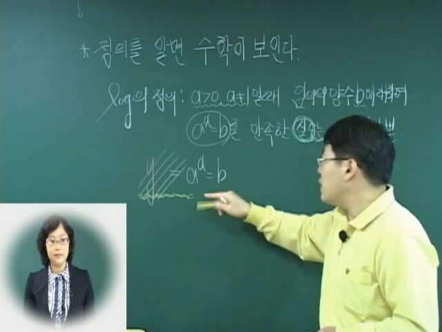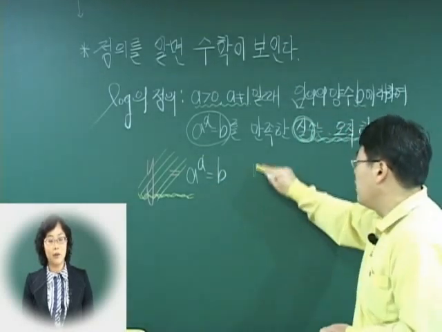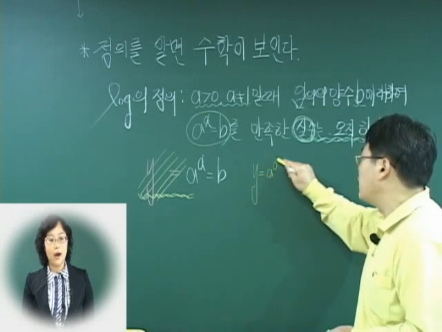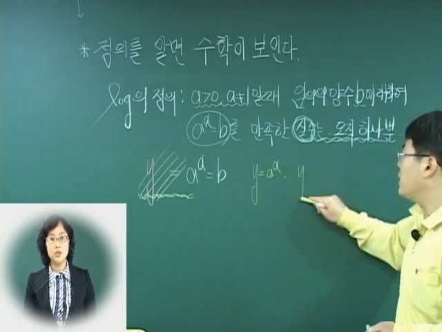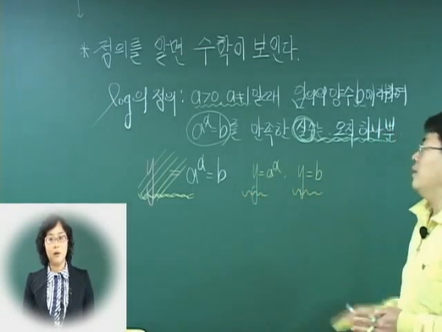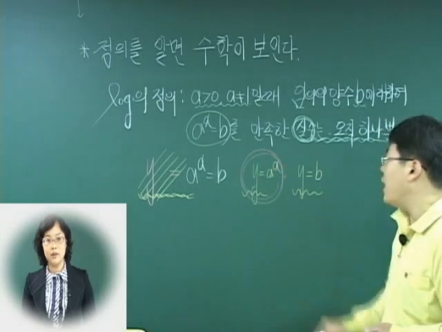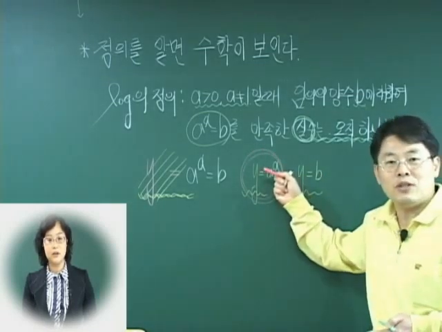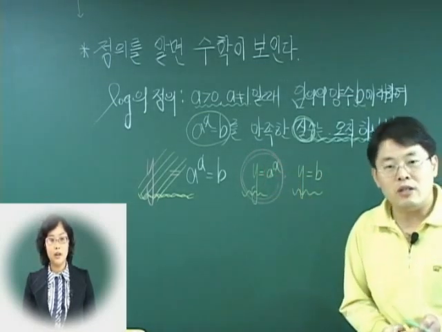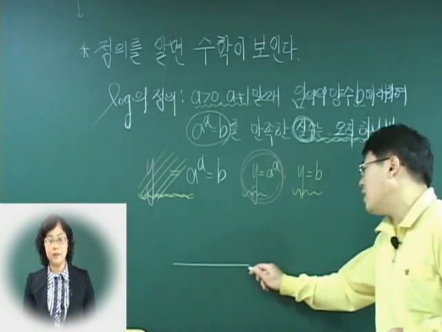What can we say again? Let's say y equals a to the x power, and y equals b. These two equations you can make. And for y equals a to the x power, this exponential function, how many graphs can you make?